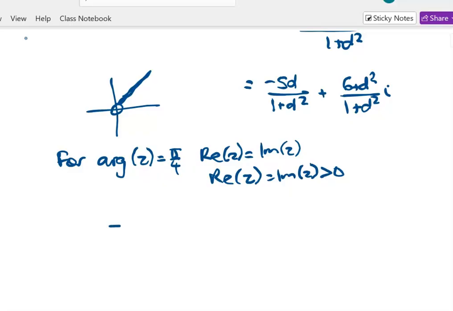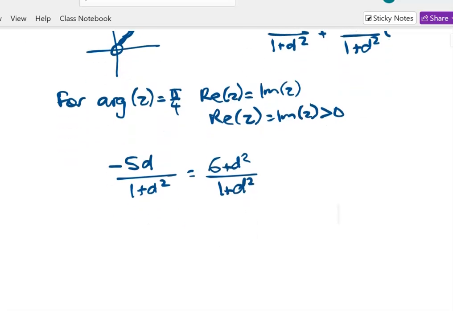So I can just set -5d over (1 + d squared) equal to (6 + d squared) over (1 + d squared). We'll work that through and see what values of d we get.